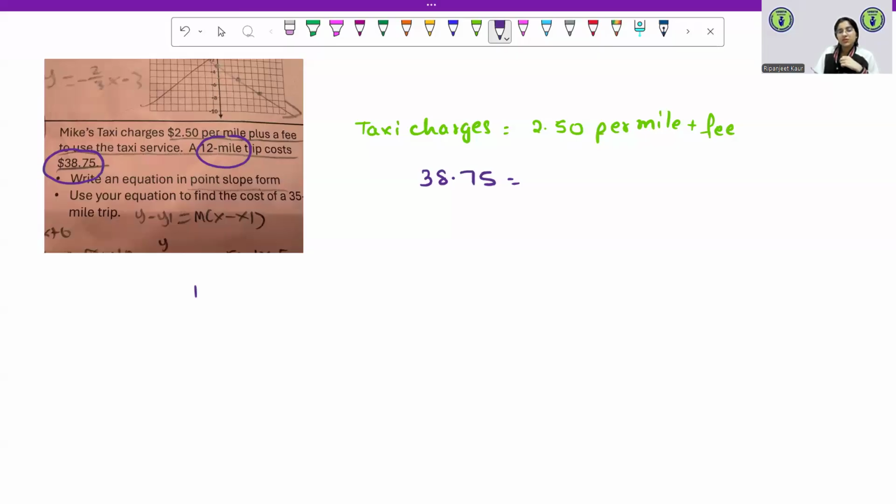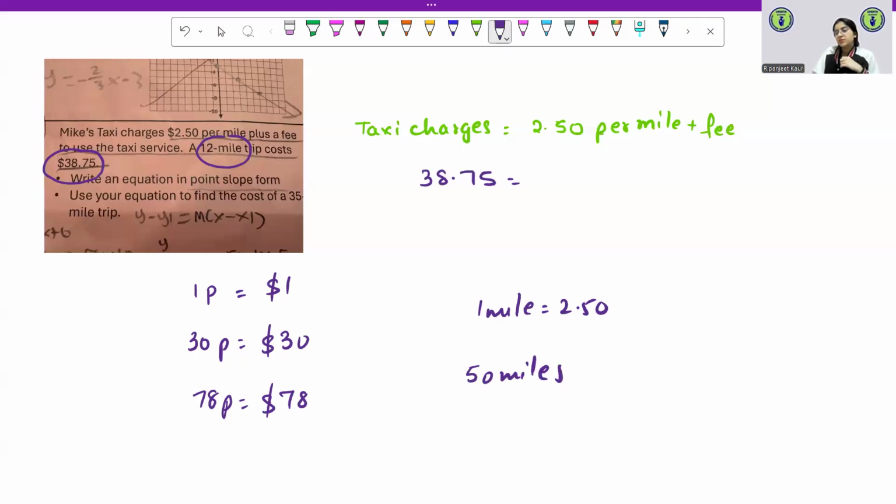Okay. See, the cost of one pencil is $1. The cost of 30 pencils will be what? $30. The cost of 78 pencils? $78. The cost of 1 mile is $2.50. The cost of 50 miles will be what?